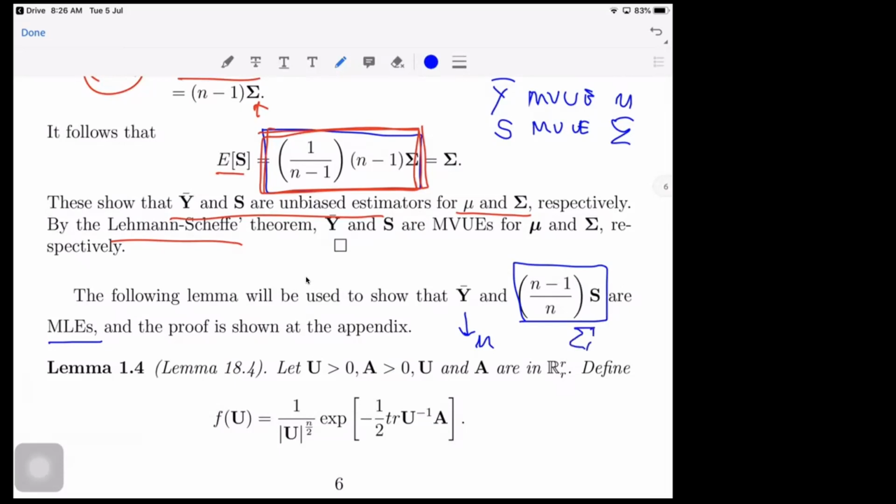If you scrutinize this formula, n minus 1 over n times S is also equal to a summation of something here over n minus 1. So actually, the MLE is the one with a summation, but the divisor is just over n.